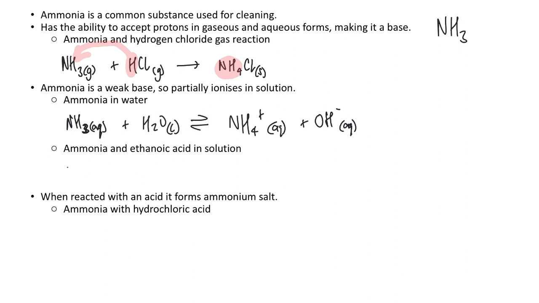Lots of them will stay as this, but only a few of these will form. But if you react it with some ethanoic acid, now remember, since these are both weak, they stay in their full forms. We put double arrows in.